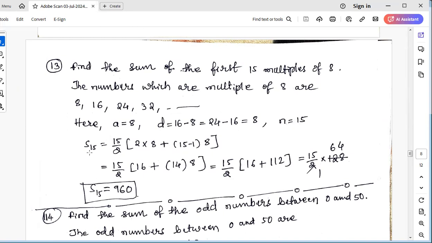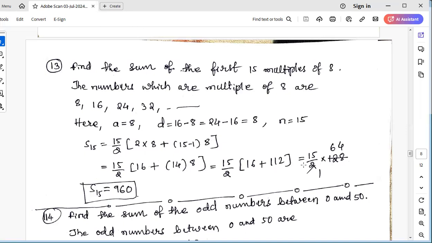So use the sum formula. S15 is equal to 15 by 2 into 2 into a, 2 into 8, plus n minus 1, that is 15 minus 1, into d, 8. So this is equal to 15 by 2 into the bracket 2 into 8 is 16 plus 15 minus 1 is 14 into 8, which is 112.